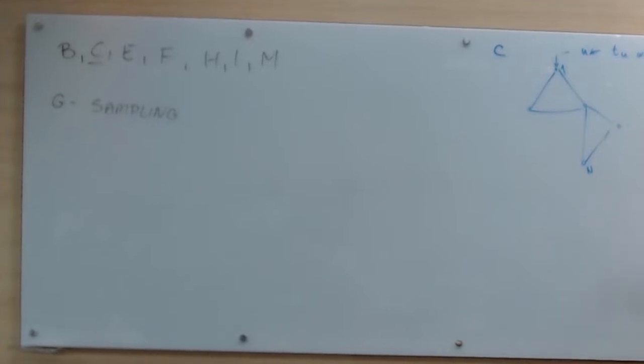And that might sound trivial because you just paint it all the same color and you're done. But we're actually told to paint an exact number of vertices. So we're given some number k, and we have to paint k vertices of one color and n minus k the other color.